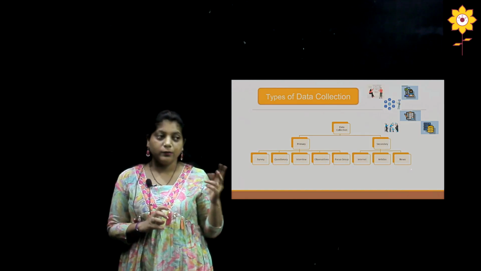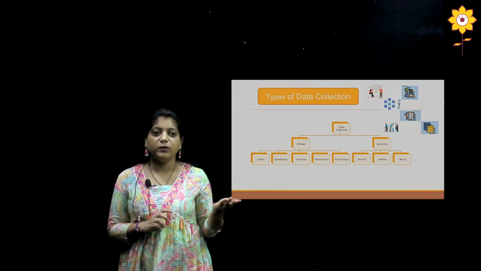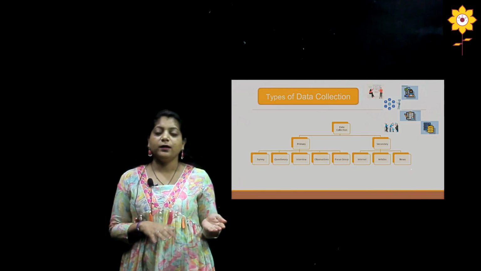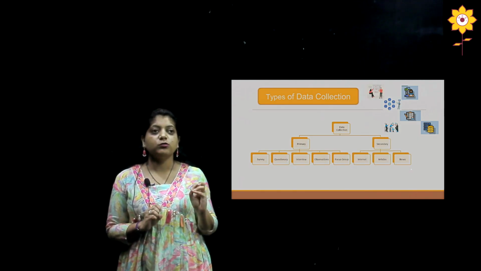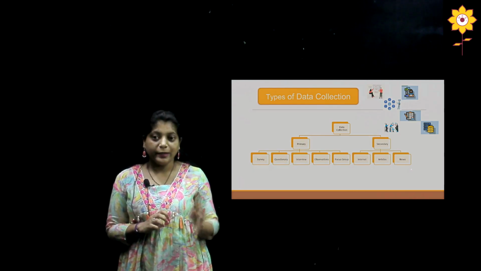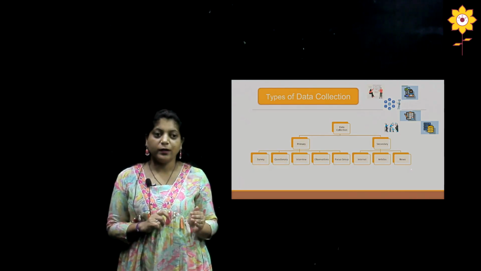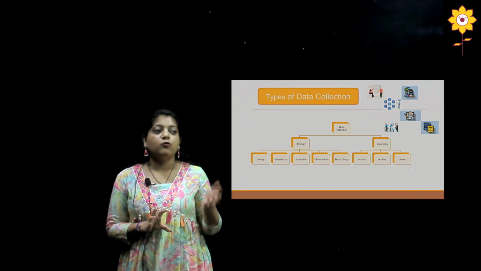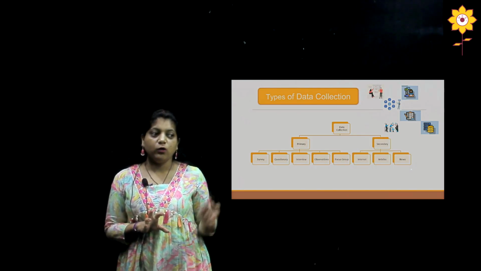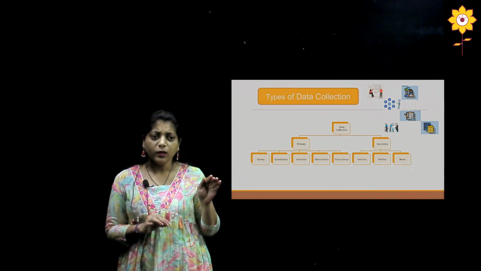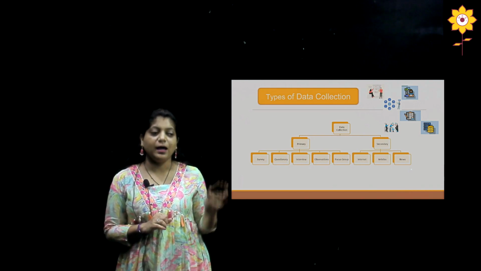Of course there are some pros and cons for the secondary. Secondary data collection gives you the data in a very short time span, but since the data is already collected, you cannot make changes as per your requirement. Whatever data is available on the internet or in the archives, you have to accept that data as it is.